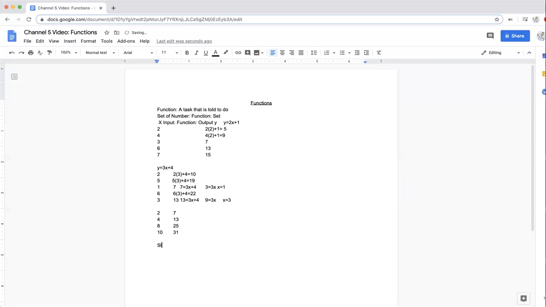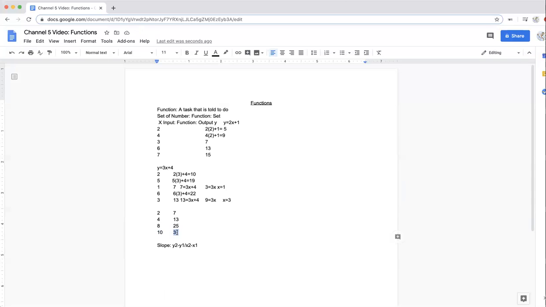But you can actually use a formula called slope. Now, what is slope? Slope is y2 minus y1 divided by x2 minus x1. What do I mean by this? You can take any of these numbers.